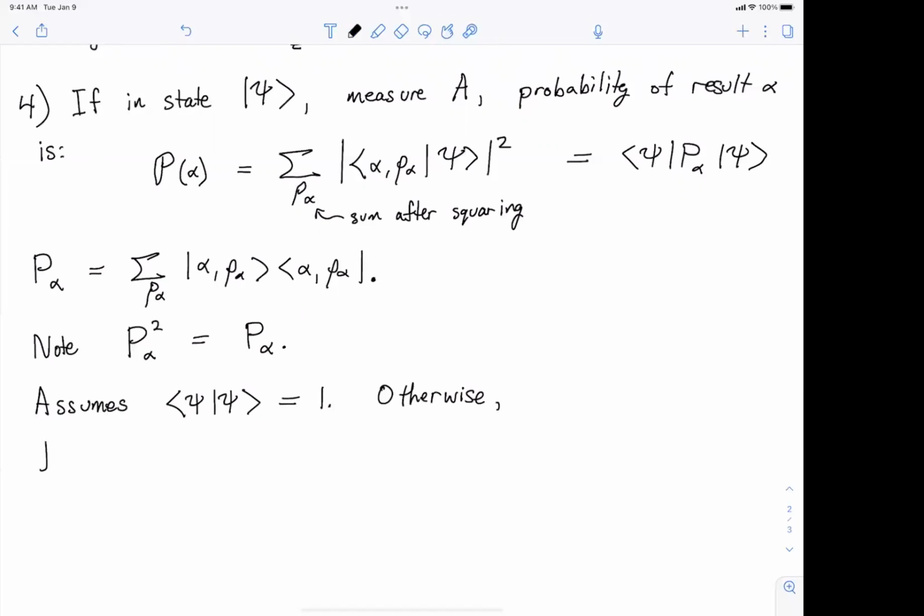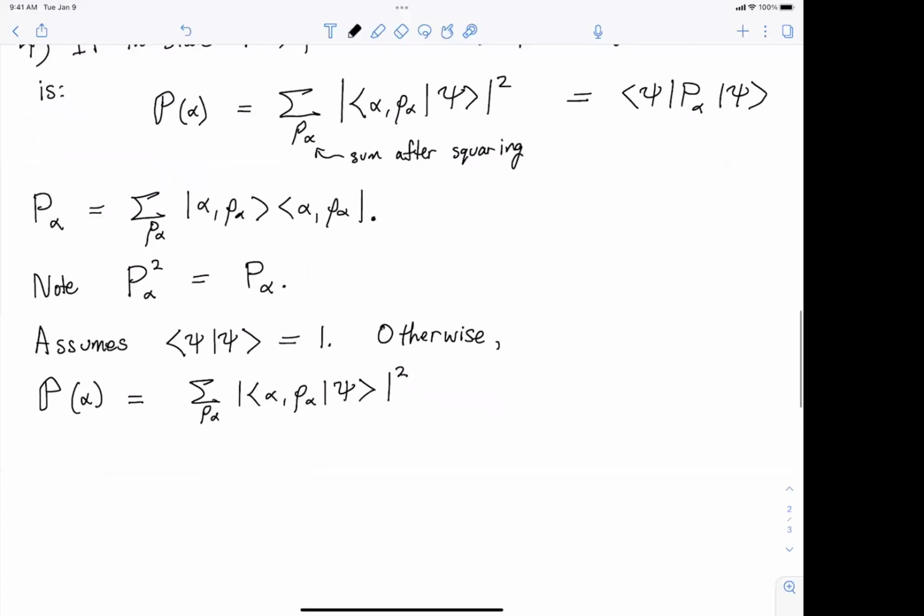So otherwise, the probability of getting alpha you can write by the same thing. So once again, I'm going to sum over all the inner products of the different eigenstates for the operator A with the state we're in, squared. And now I just divide by the norm, <psi|psi>.